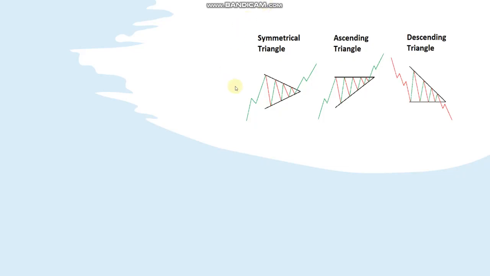So the symmetrical triangle will be something like this. When we get to see lower highs. See, the market made a high here, went down, made a high again, but this high is lower than this high. So this is a symmetrical triangle.